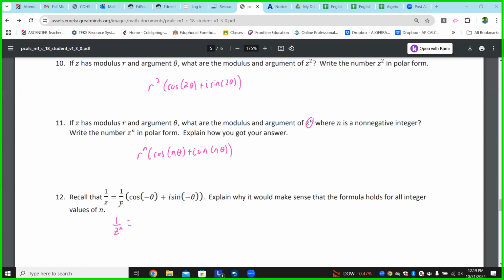The first part, your modulus, is going to be its reciprocal. So that'd be 1 over r to the nth power, or in that case, to the fourth. And then this would be cosine negative n theta plus i sine negative n theta. Right? So if you are dividing, that would be your last formula. And that does wrap it up a little bit.